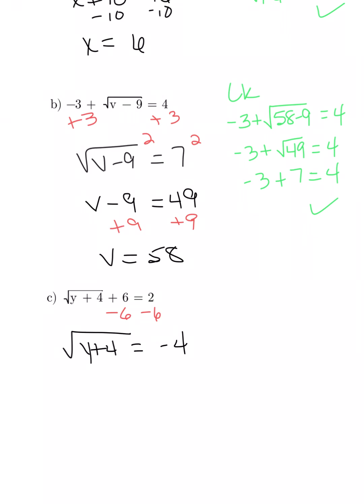That is called no real solution. When you have a radical symbol, what you have to remember is that that is always asking you for what's called the principal root or the positive root. So if you get a radical equals a negative, you stop right there and write no real solution, and you are done.